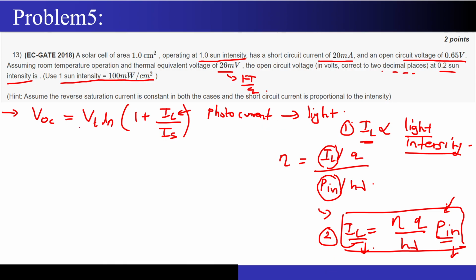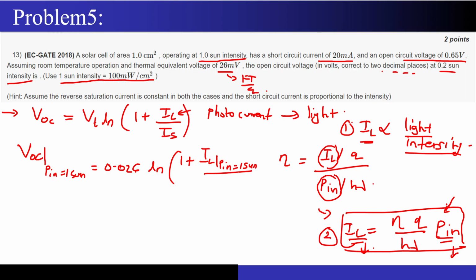So now I can do one thing. If I write V open circuit at 1 sun, I will write P in equal to 1 sun over here. This is Vt, which is nothing but 0.026, into ln of 1 plus the load current that I am getting when P in is equal to 1 sun intensity, divided by IS, correct?